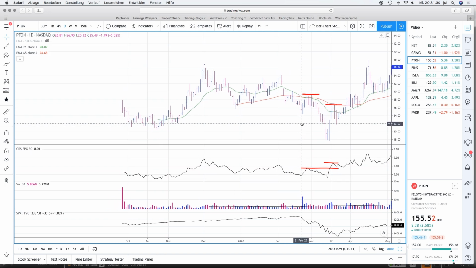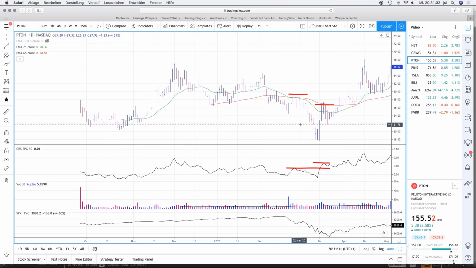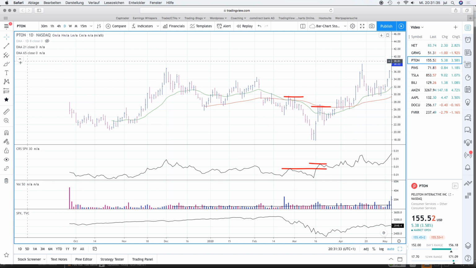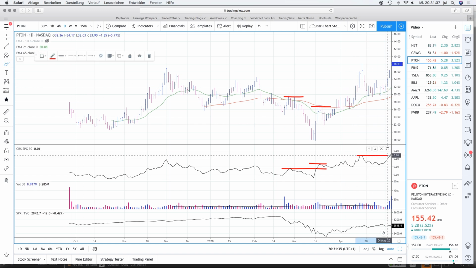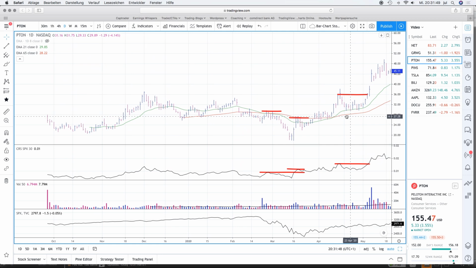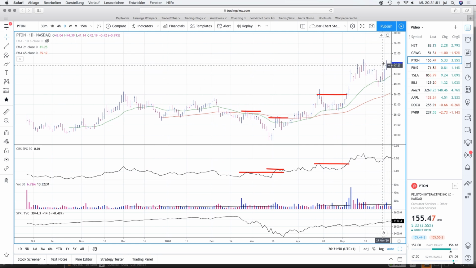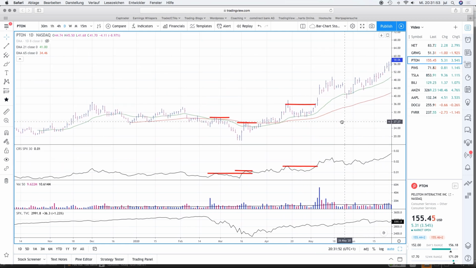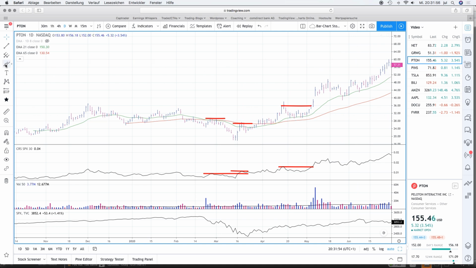And then you can see, for example, another great thing, and this is you can see the same thing. The RS line is reaching a new high before price, and that's another great sign. And then you can see that the stock also is exploding to the upside. And then you can see a very small situation of underperformance.